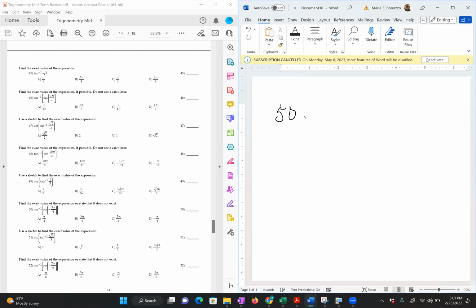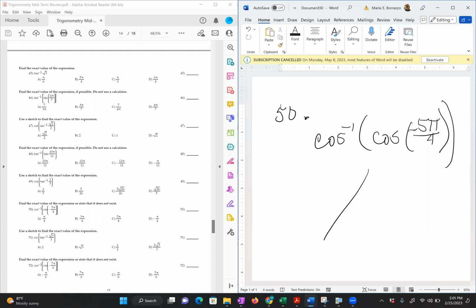And so for 50, they're giving you the cosine inverse of cosine of negative 5 pi over 4. Okay, so once again, let's draw a triangle. Doesn't matter how you draw it.